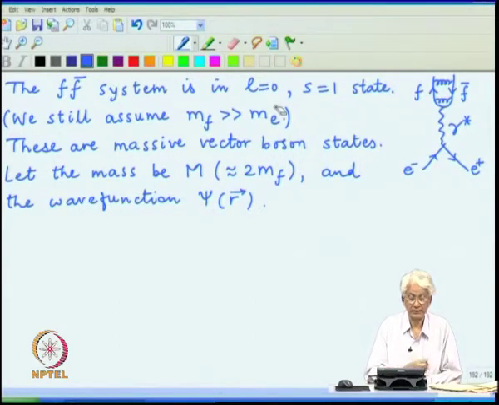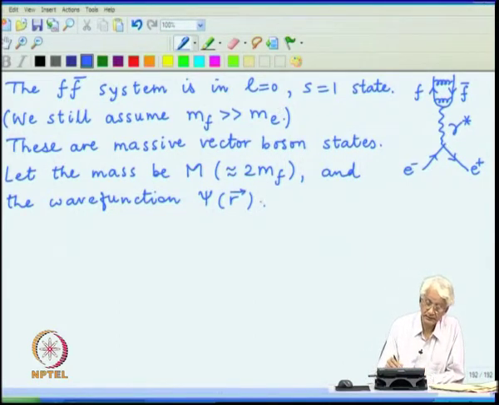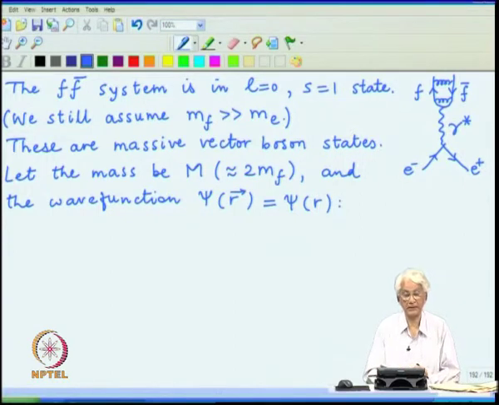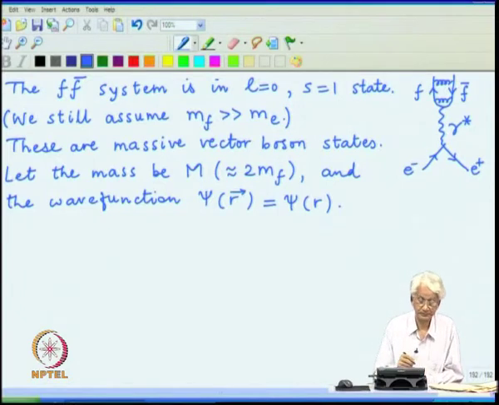In particular, we have already seen that L is equal to 0. So, this object is going to depend only on the magnitude of r and not the direction.